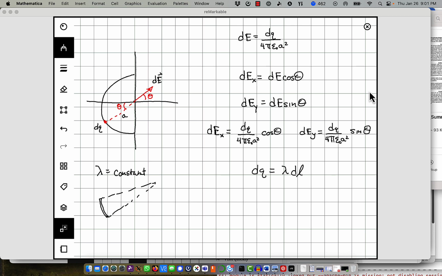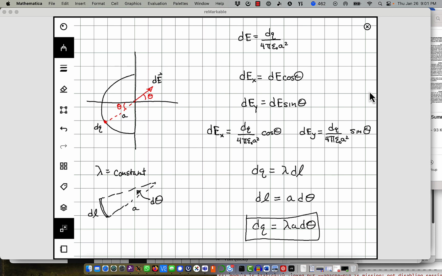And I'm going to define it in terms of that radius A. So there's the dL, and that's the radius, and we're going to call that little angle there d theta. So d theta and radius A sweep out this dL, so we can write it as A d theta. That's a little arc length. So now dQ is lambda A d theta.